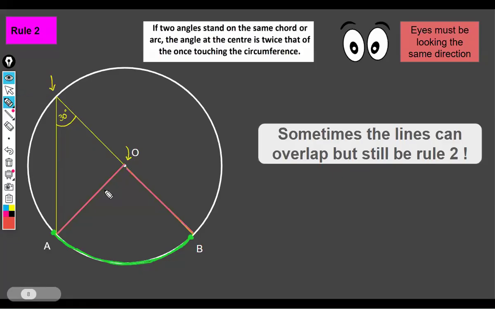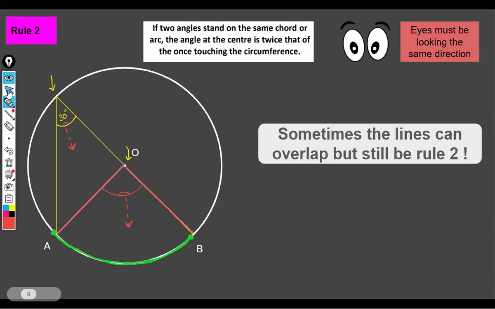Anybody wants to tell me what's the size of this red angle? What's the size of that red angle? Because I guarantee you this is rule 2. One is touching the circumference and one is touching the center. And if you draw the eyes, both of them are kind of looking in the same direction, looking downwards. So that's good enough.